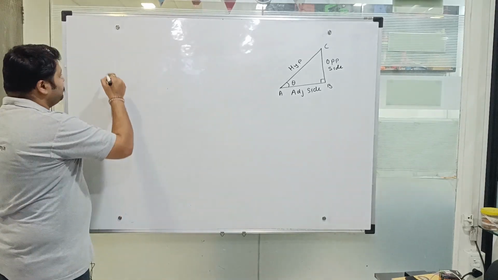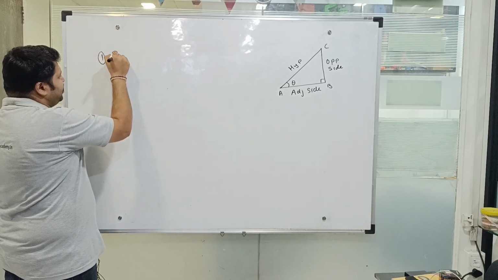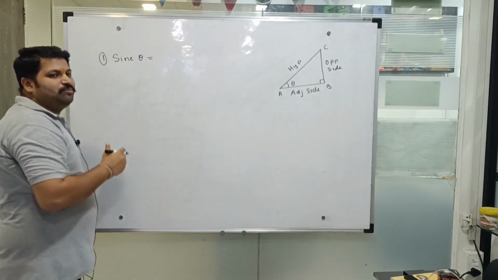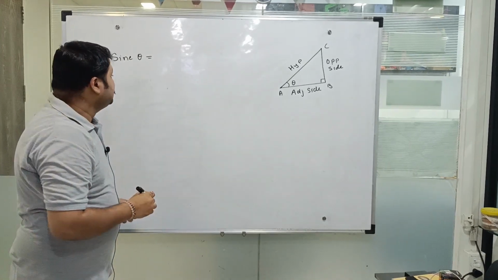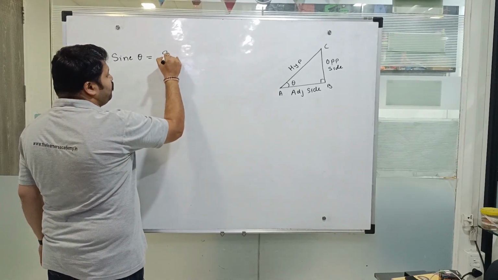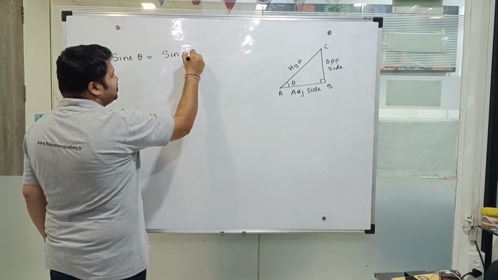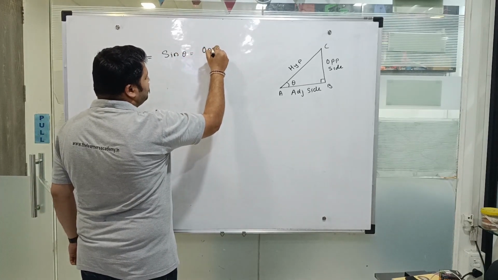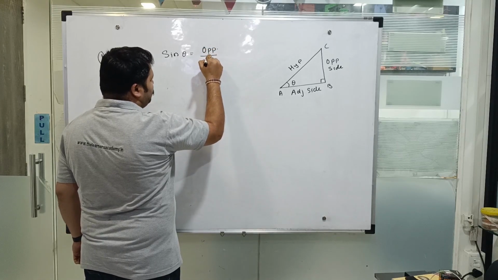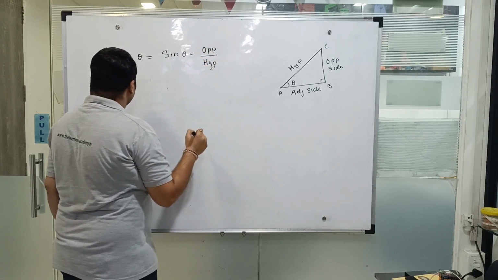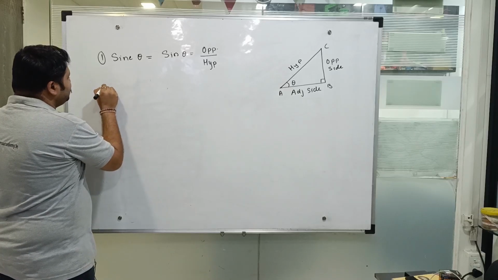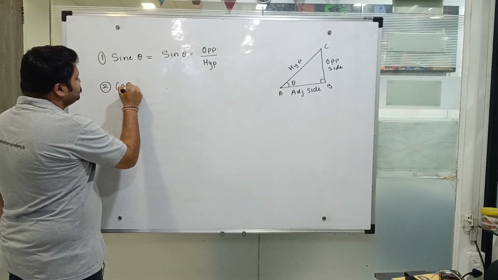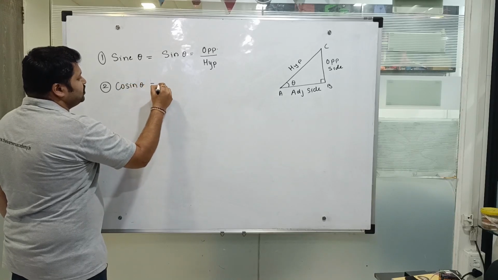So the first trigonometric ratio that we study is sine theta. This is the full form of the ratio. We generally use the short form, that is sin theta, and it is defined as opposite side upon hypotenuse. The second trigonometric ratio that we have is cosine theta.